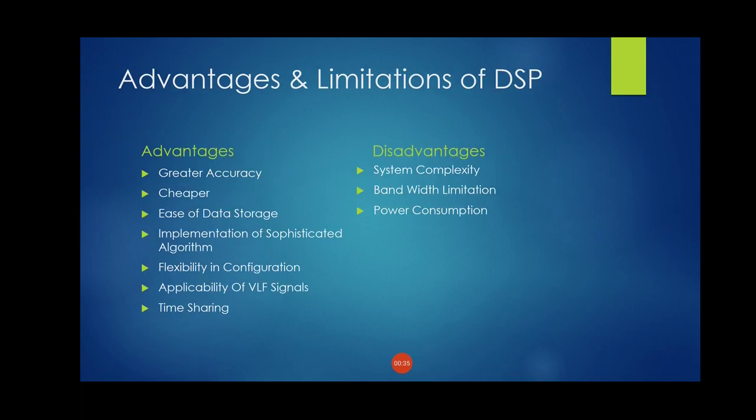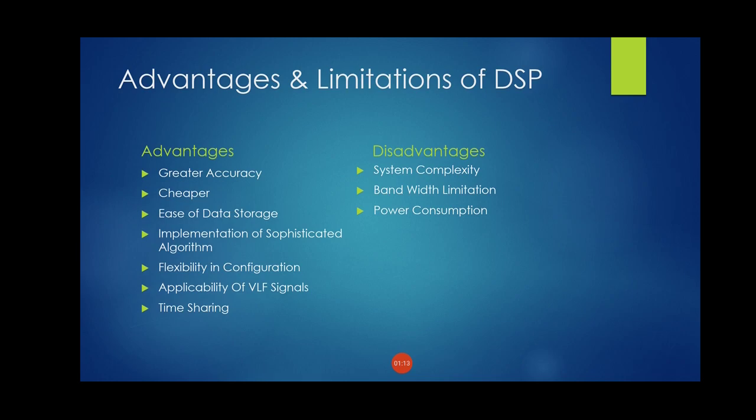Now in this class we will talk about some advantages and limitations of a digital signal processor. To start with, the first advantage is greater accuracy. Analog components or an analog processor is less accurate compared to its digital counterpart, because of the component tolerance.